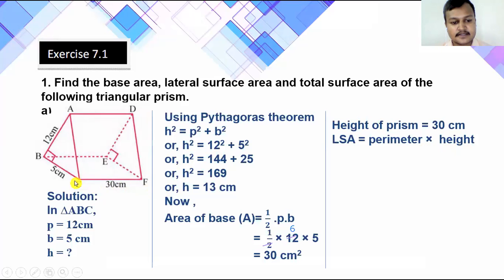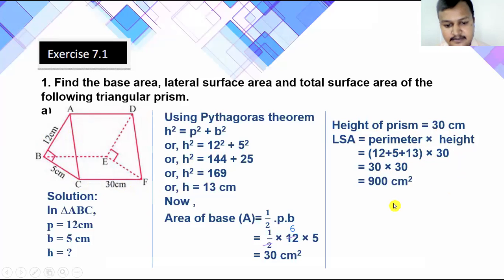Height means height of this triangular prism, 30 centimeter. I added all sides here, 12 plus 5 plus 13, into height of the prism 30. The total of 12 plus 5 plus 13 is 30. 30 into 30 is 900 square centimeter, the lateral surface area of the given triangular prism.